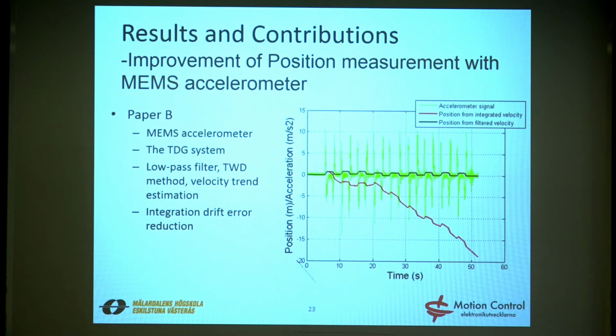We can say at about 1 minute, around 50, there's a 20 meter difference between the result without signal processing and with signal processing.